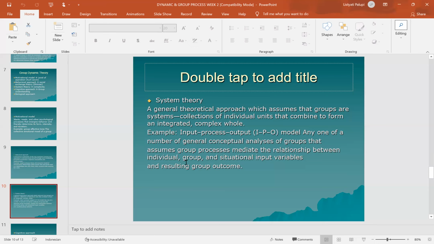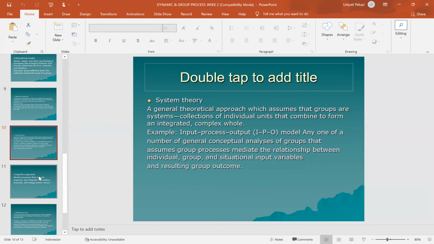It is assumed that group process is involved in the relationships between individuals, between individuals and the group as a whole, and also individual and situational variables.